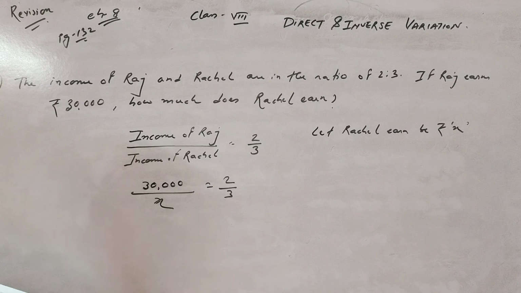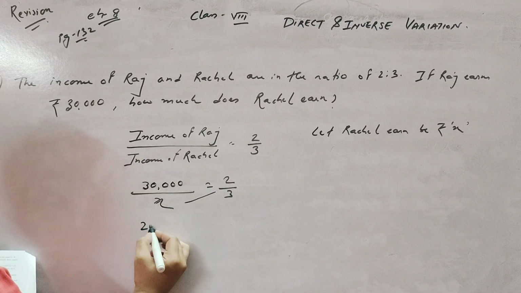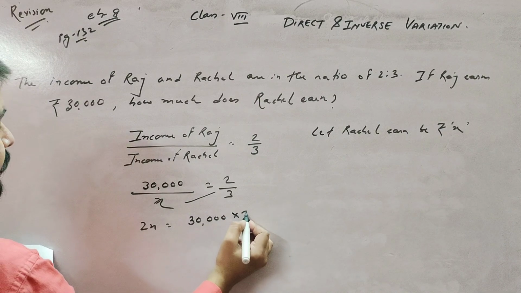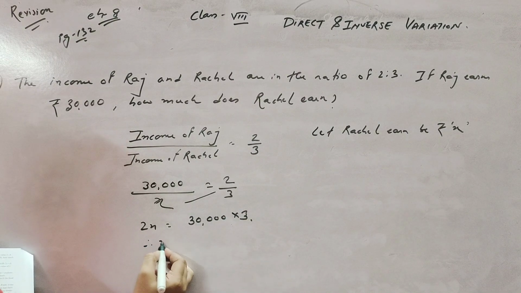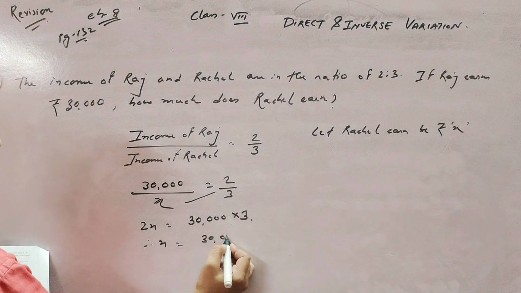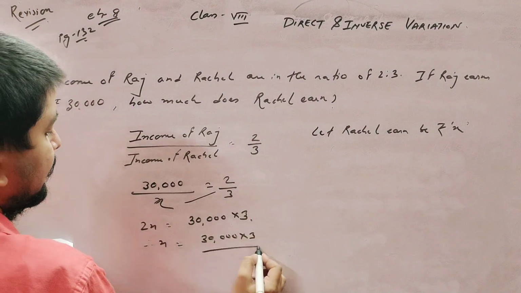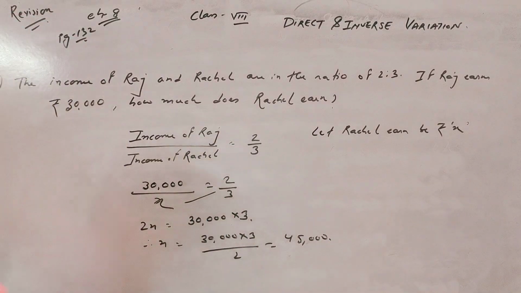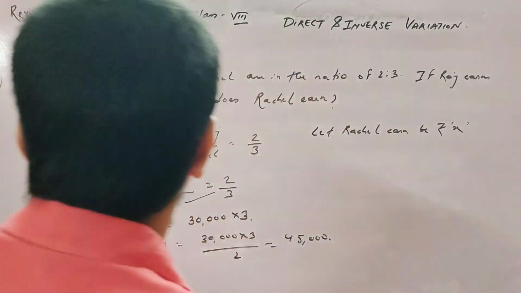Find the value of x. Cross multiply: 2 into x equals 30,000 into 3, therefore x equals 30,000 into 3 by 2, that is 45,000. So Rachel earned 45,000. Okay, note.